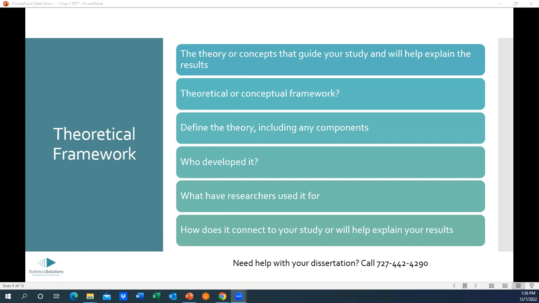There are several instruments to measure emotional intelligence, right? So you're going to pick the one that's most suitable for what you're doing. Then you want to choose for your theoretical framework whoever's theory is the basis for the instrument, right?